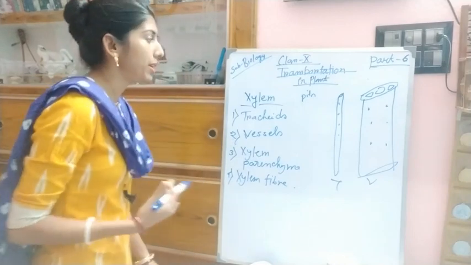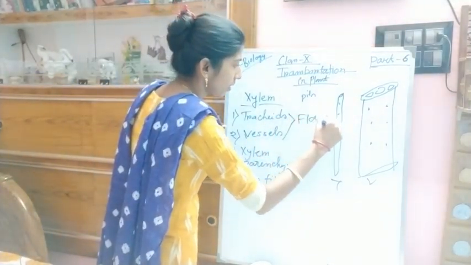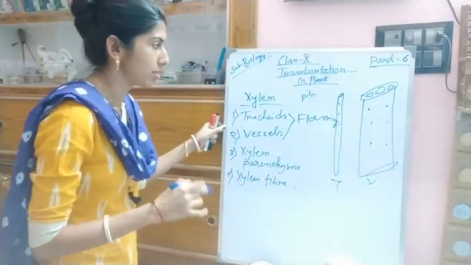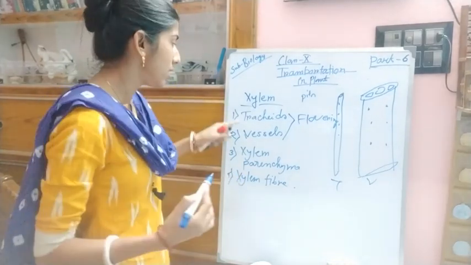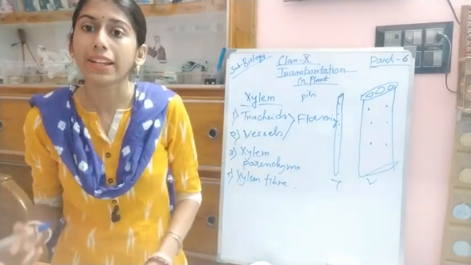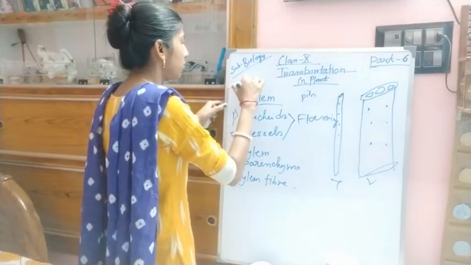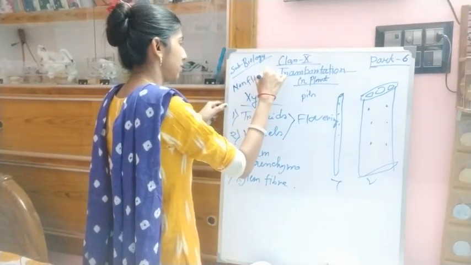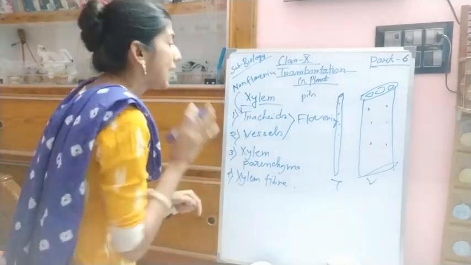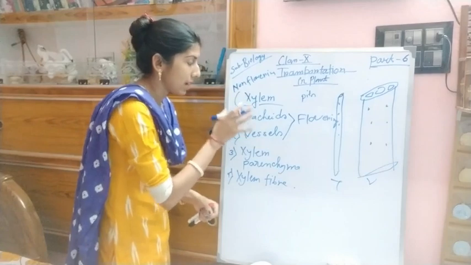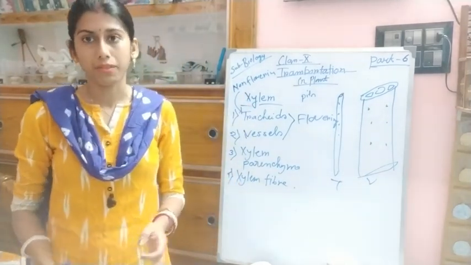In flowering plants, both tracheids and vessels work together in transportation of water and minerals. But in non-flowering plants, the vessel is absent. Only tracheids play a role in transportation of water. I am repeating, xylem has 4 parts: tracheids, vessels, xylem parenchyma, xylem fiber.